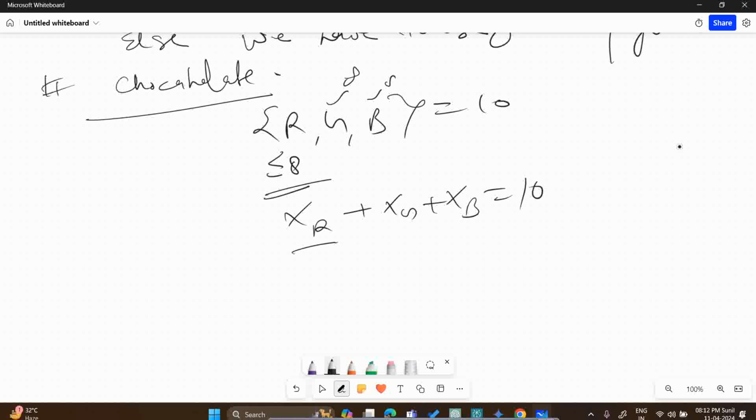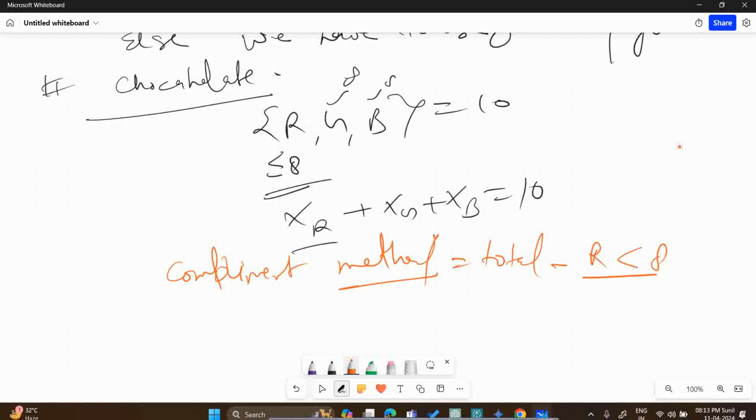Let's say we introduce some y variable. We are going to use the complement method, which is total minus the cases when r is greater than 8.